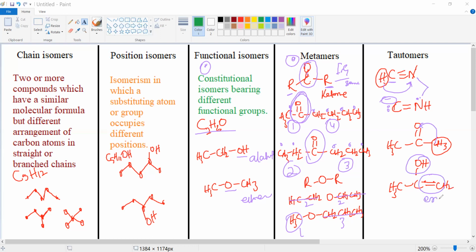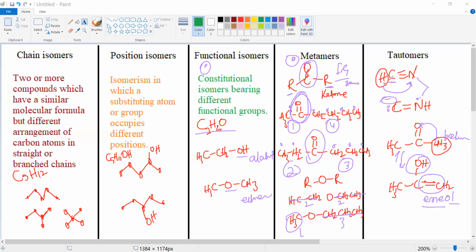This is known as ene-ol, because the double bond is present, that is ene, and alcohol is present, that is ol. Previously, it was a ketone. Carbonyl with both R, it is a ketone. With the help of one proton shift, these 2 forms can coexist simultaneously in equilibrium. So that is known as enolisation.